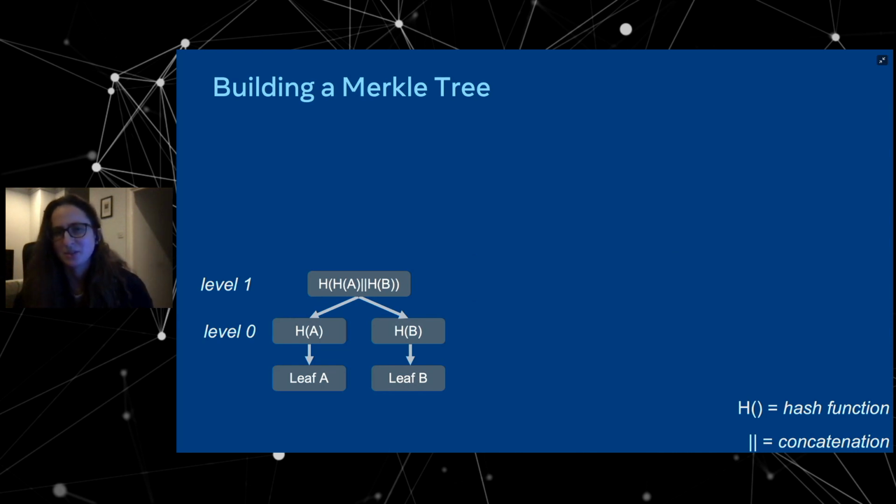So what makes this append-only? Well, we could take another record, C, and hash it. In this case, since there's no other records next to it, we'd propagate it up a level and hash it with the other hash from level 1.